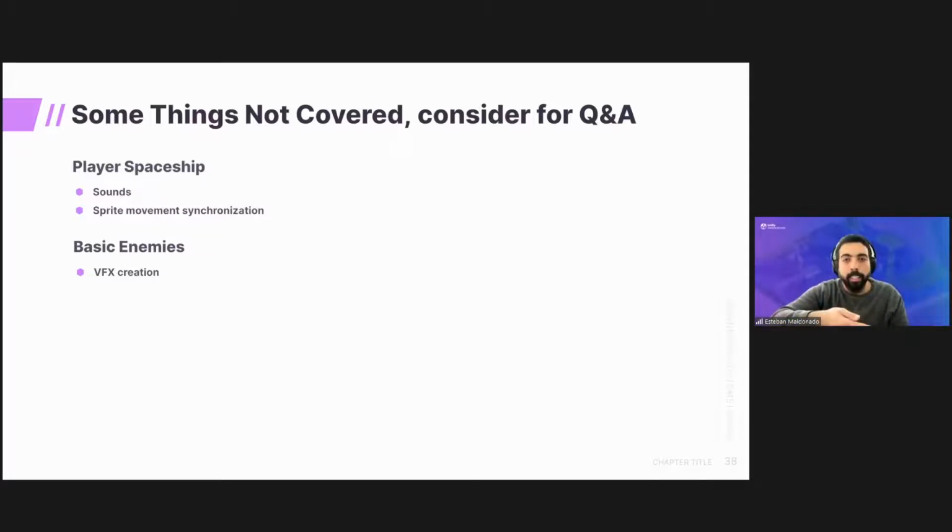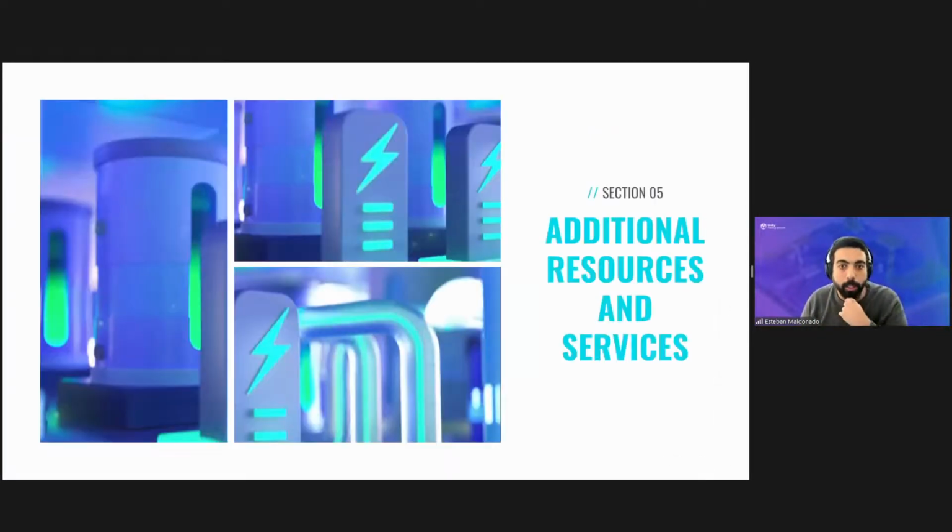That way, rather than a static spaceship, they could see it gliding up, gliding down, and whatnot. I also didn't talk about the creation of visual effects. I can go a little bit deeper into those once we get to the Q&A.